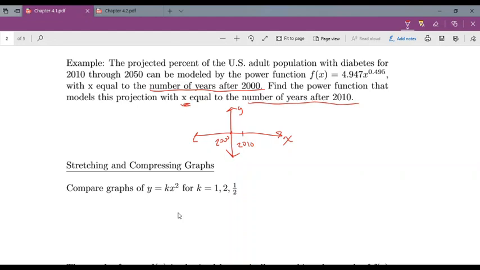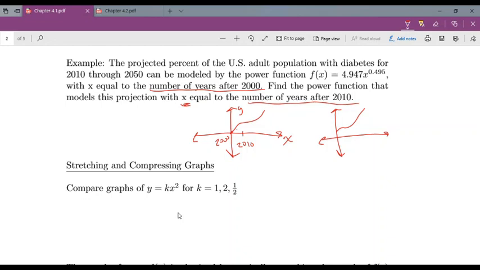So the 2000 needs to be shifted over, and everything, so that the whole function, whatever it looks like with this power function, and I'm not sure off the top of my head, so if it starts here and it looks however it looks, we want to shift it over to where it'll look like that, if that makes sense. So that when we're looking at our graph, our new 0 will technically be that 2010.